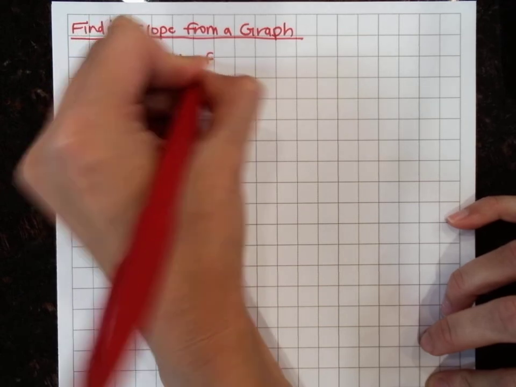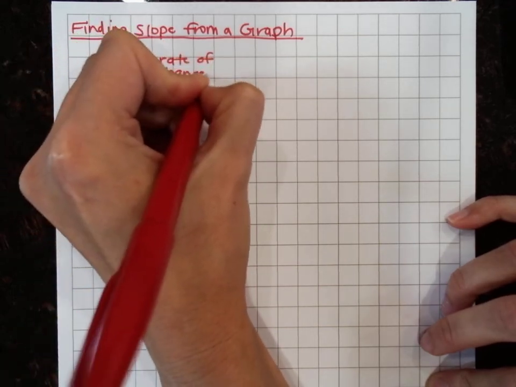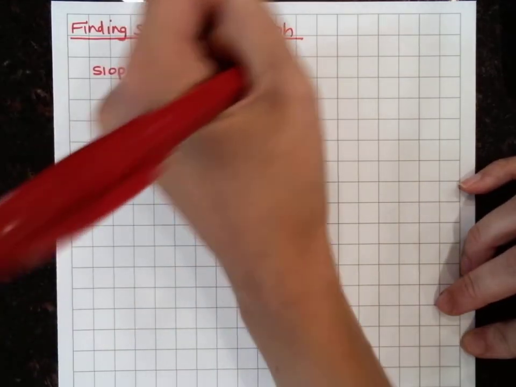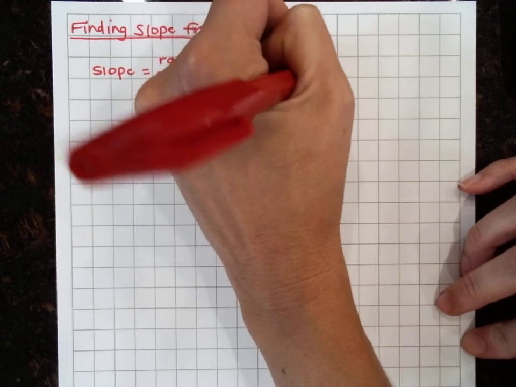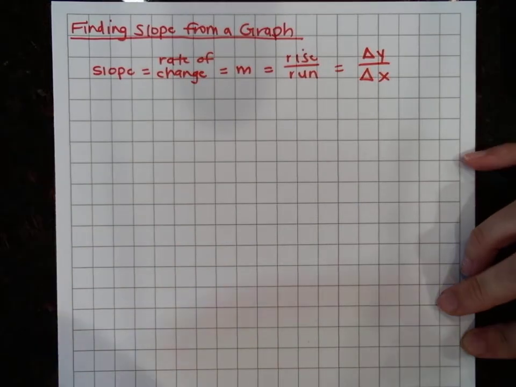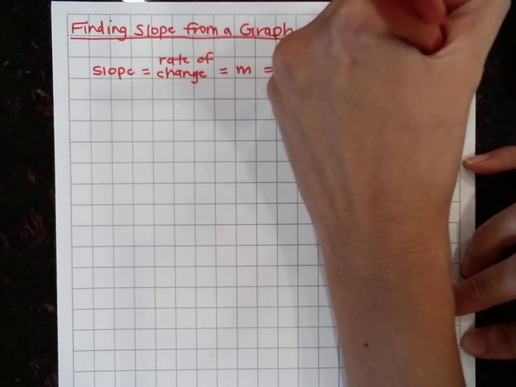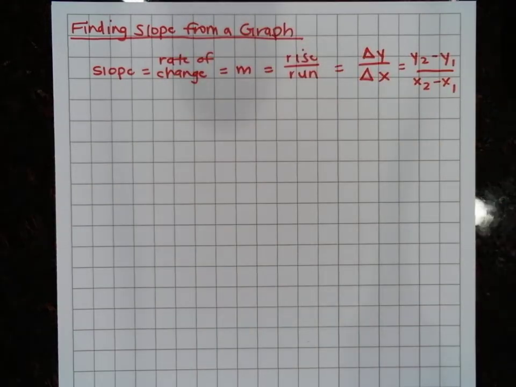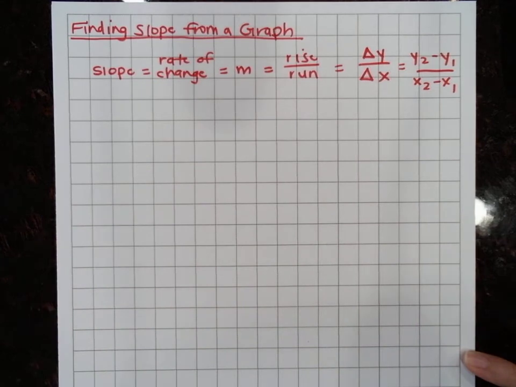You might have heard it as the rate of change, or the variable m, or rise over run, or the change in y over the change in x, or y2 minus y1 divided by x2 minus x1. Okay, so all of these things mean the slope.